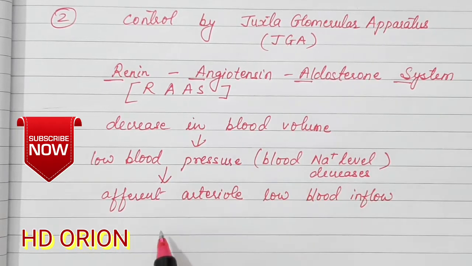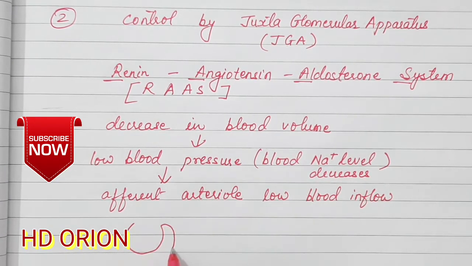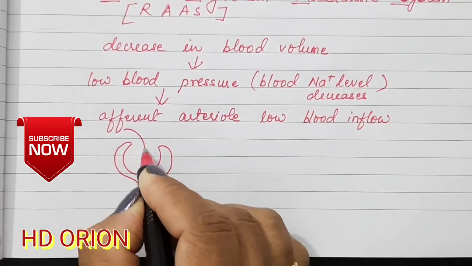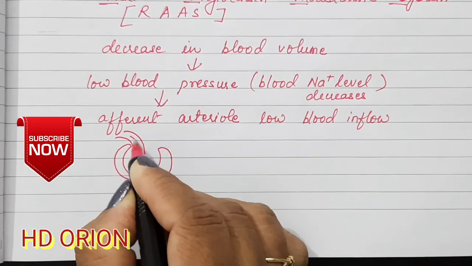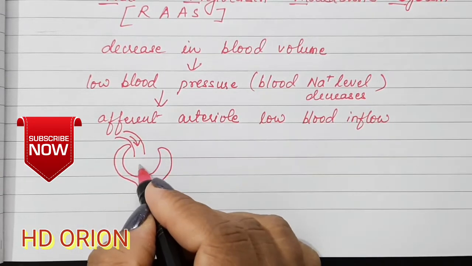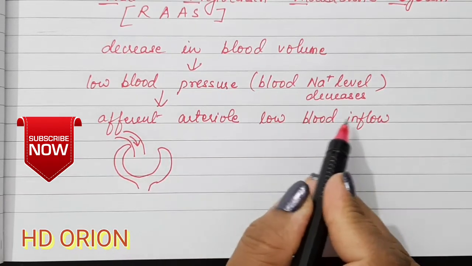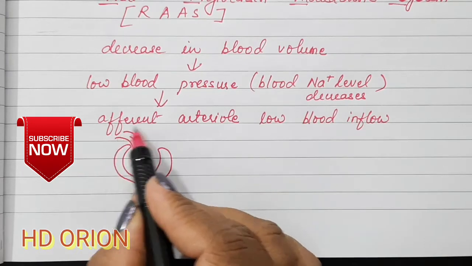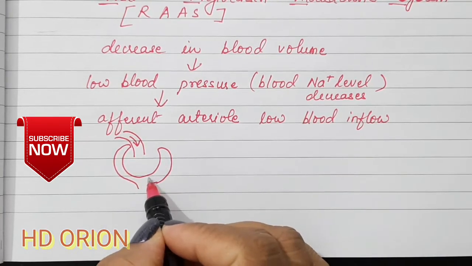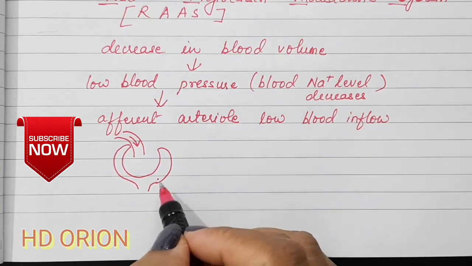If you remember, this was the Bowman's capsule in which the afferent arteriole comes in, and we have studied that it has a fixed pressure by which the blood enters. So if the blood pressure has fallen, low blood inflow is taking place from the afferent arteriole. Near the Bowman's capsule the juxtaglomerular apparatus is present.